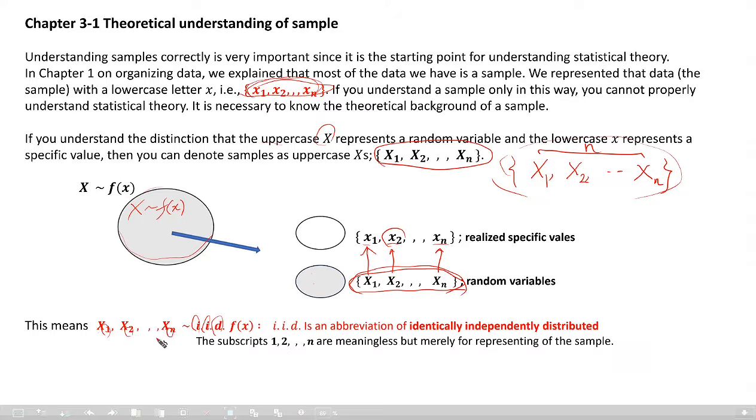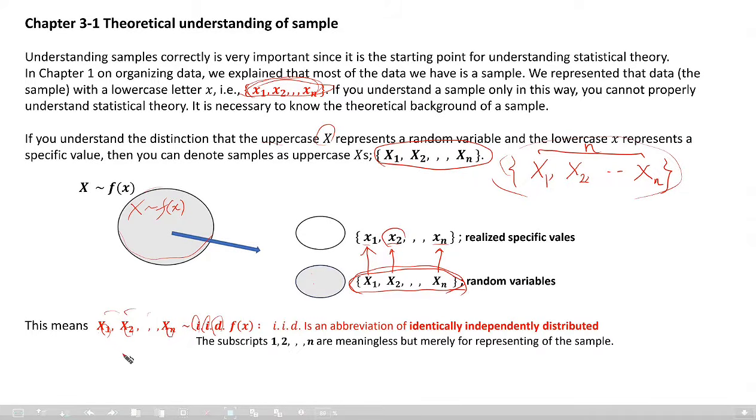Samples are independent. Otherwise, we have big trouble following statistical theory. I think statistics wouldn't exist in the world. Independence is that important. If they're dependent, no statistical theory, I think.